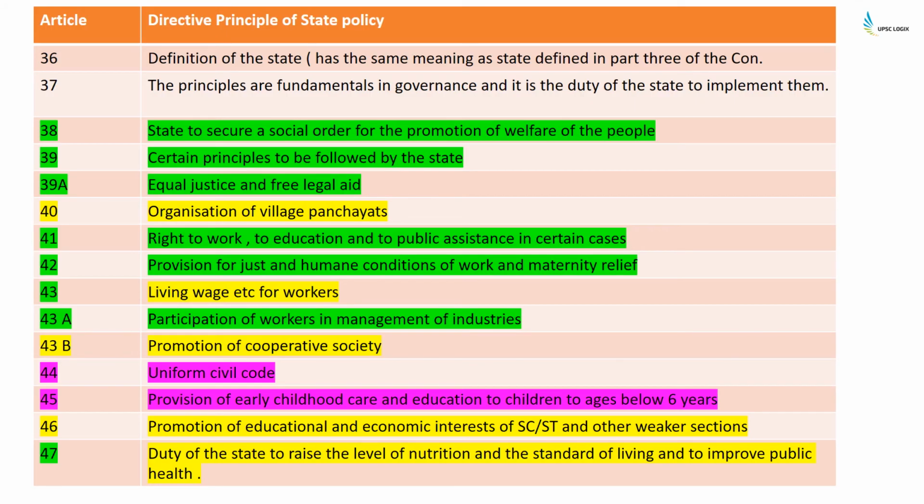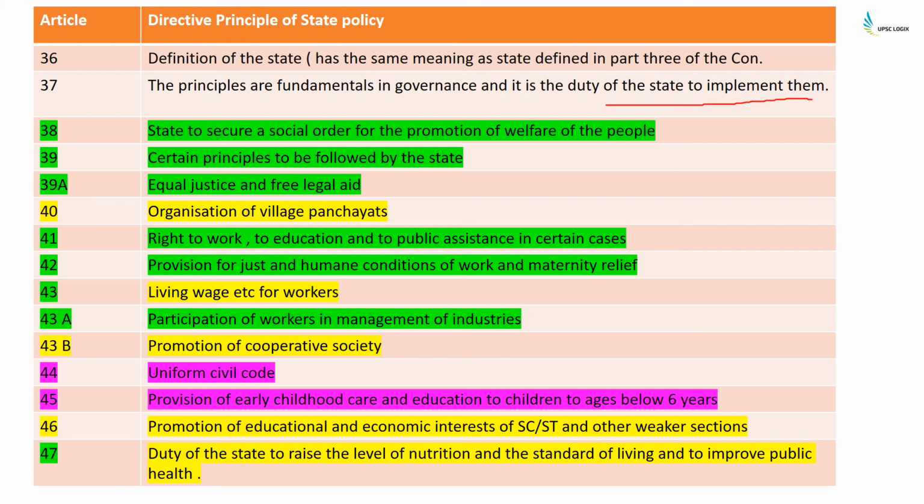So let us have a look at all the articles and the directive principles of state policy associated with them. And this I have taken from the book by Lakshmikant. So Article 36 is definition of the state, and it has the same meaning as state defined in Part 3 of the Constitution. Article 37 says the principles are fundamental in governance and it is the duty of the state to implement them.